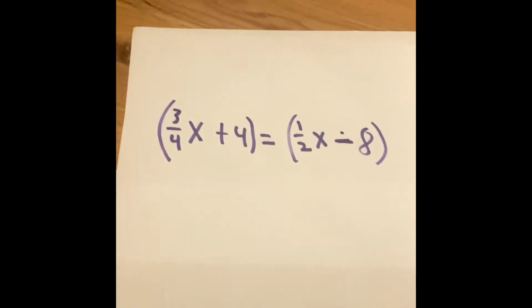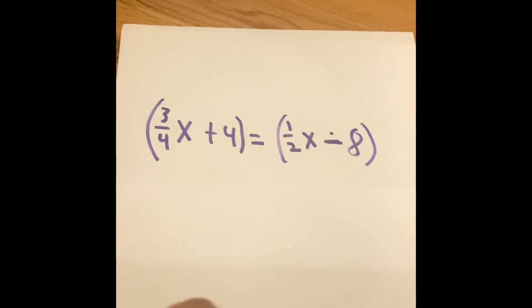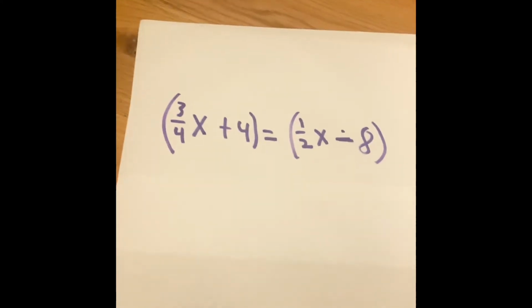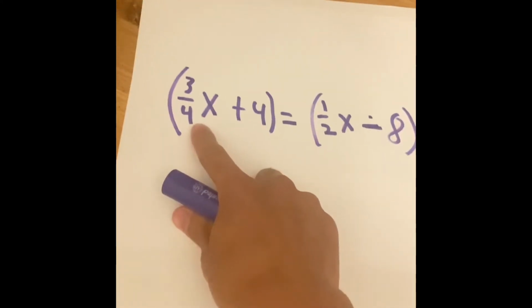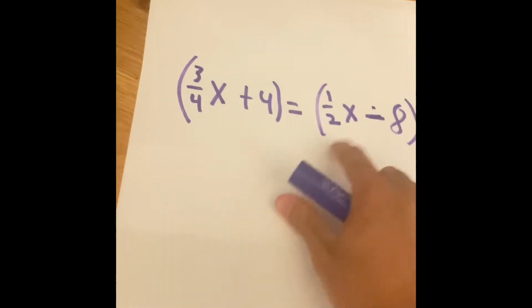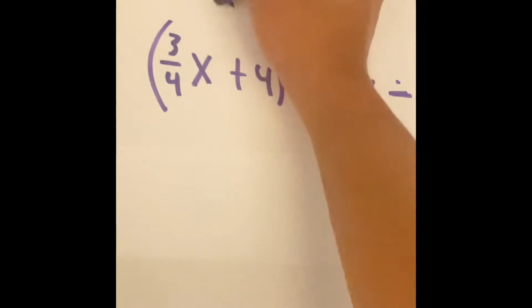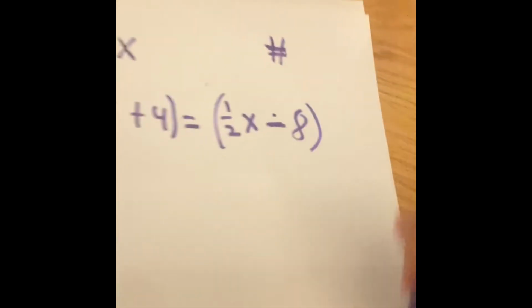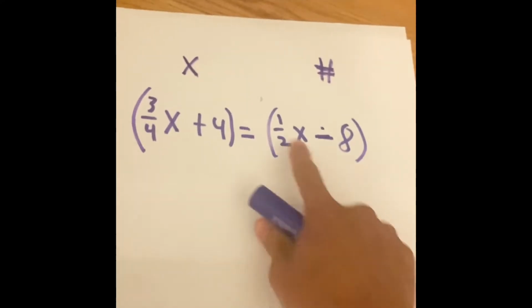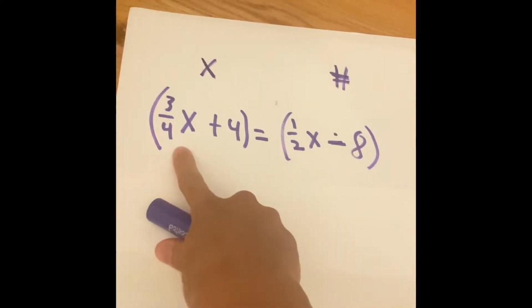What we could do is think, what is the most efficient way we can solve this? Well, we have a 3 over 4x and a 1 over 2x. What we're going to do is make this the variable side and make this the number side to make it a bit easier. We've got to move that 1 over 2 to that side.